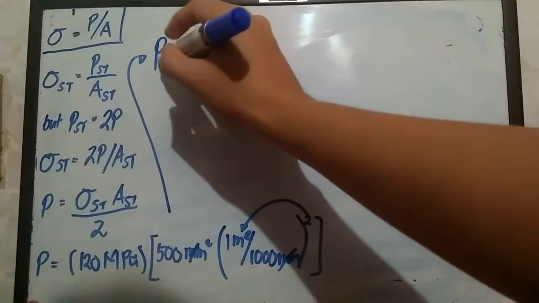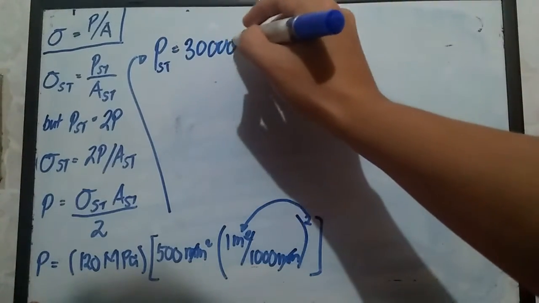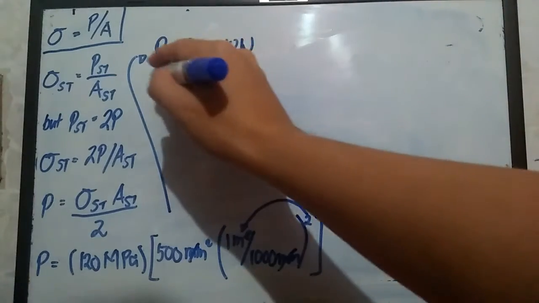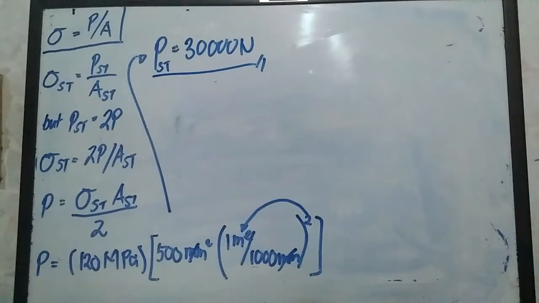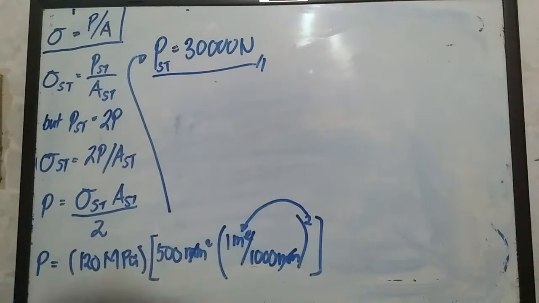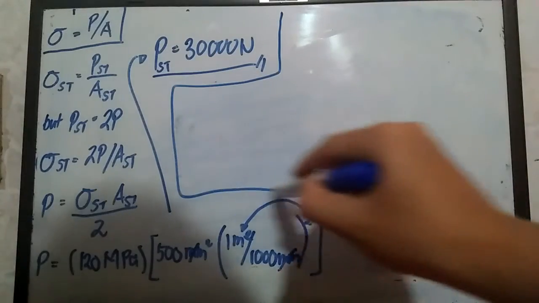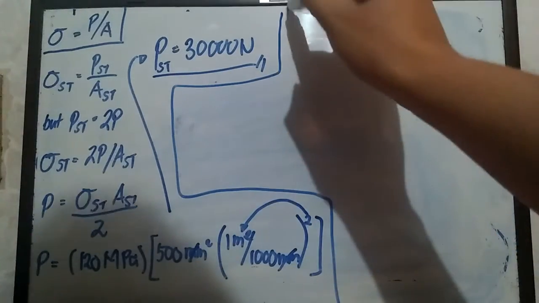So P for the steel, let's just simply assume this for the steel, is 30,000 newtons. So this one is for the steel. It can handle up to 30,000 newtons worth of axial force. And let's proceed to the remaining two. I'm just going to border around this one.